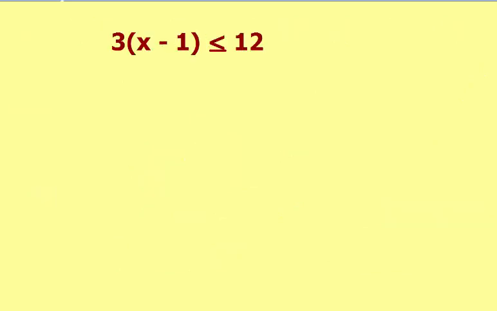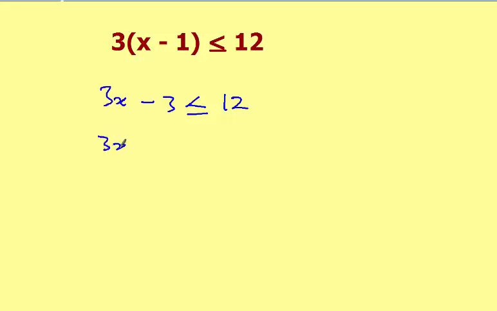Good. Let's do this by removing the bracket first. Removing the bracket is going to give us 3x minus 3 times negative 1, which gives negative 3, less or equal 12. Good. The next step is to group like terms.